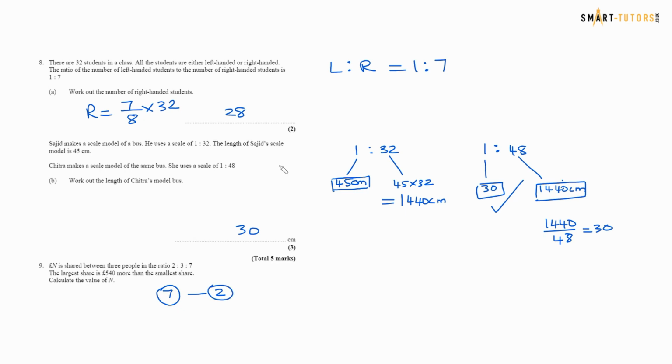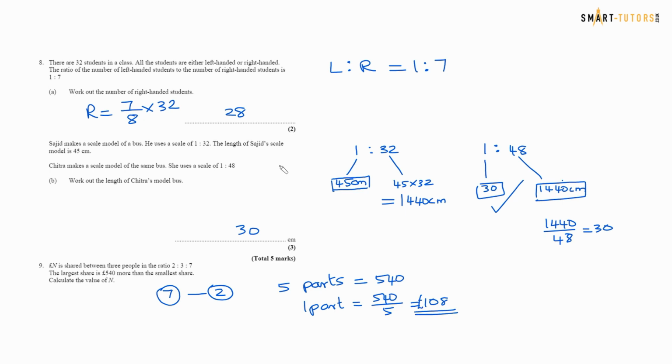So if you take away, 7 take away 2, 5 parts. So 5 parts is 540. So 1 part equals 540 divided by 5 is 108. So 108 pounds is 1 part.